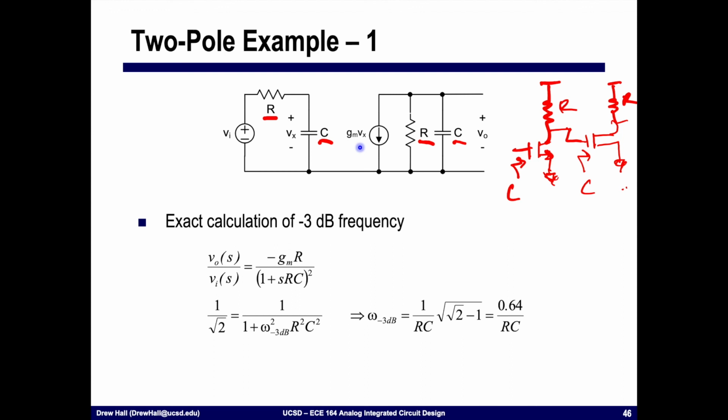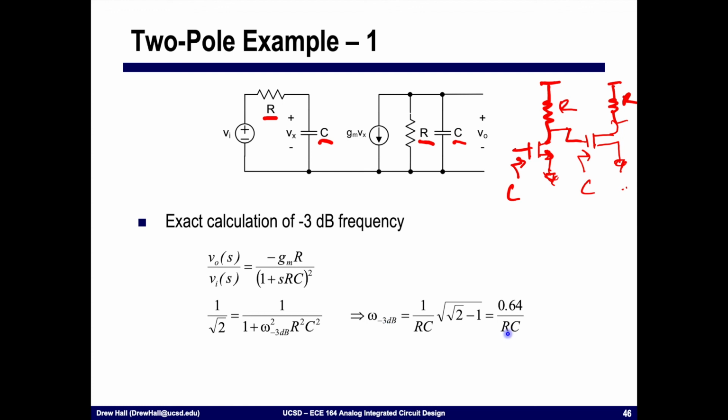And so if I do the exact analysis in order to find the minus 3 dB frequency, the circuit has a DC gain of minus gm times R, and then it has two poles, where the poles are both located at 1 over R times C. Okay? And so if I wanted to find the 3 dB bandwidth, I would find the magnitude of the gain when it was equal to 1 over root 2, and I would get that the minus 3 dB bandwidth was equal to 0.64 times 1 over RC.